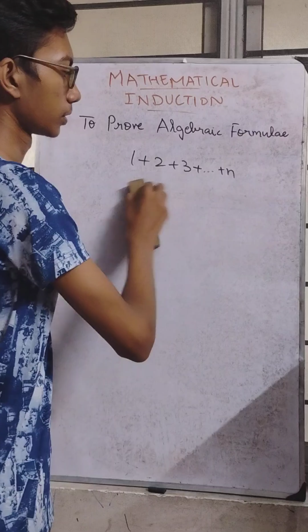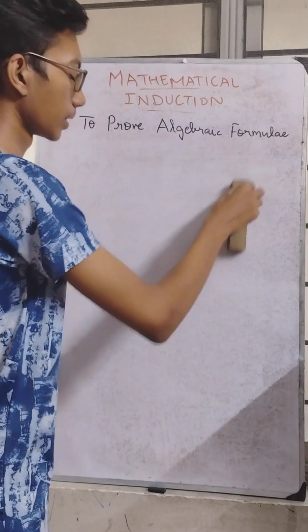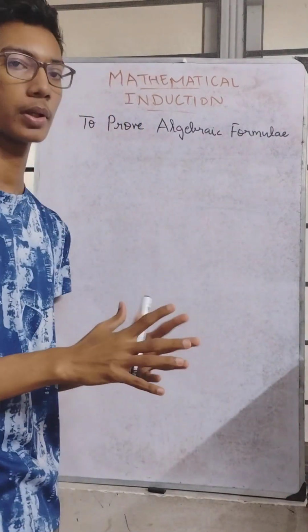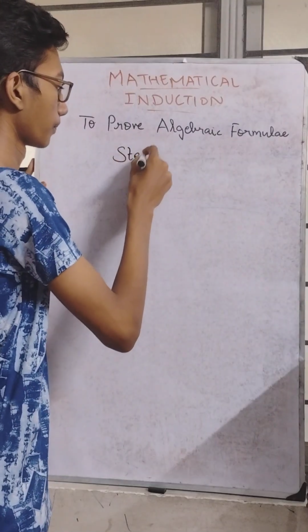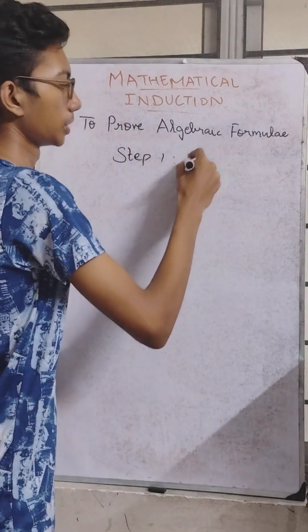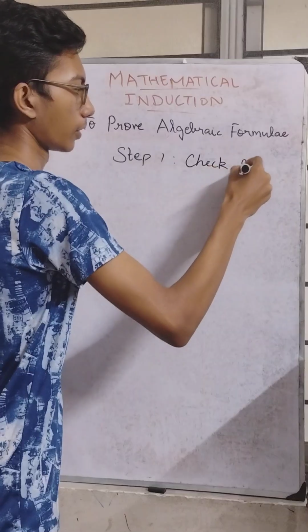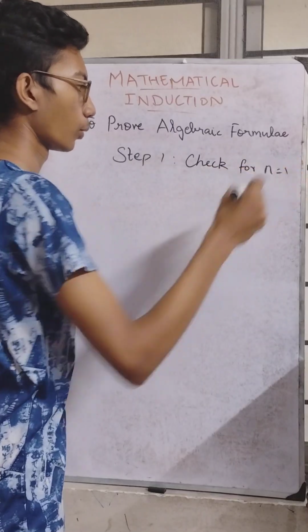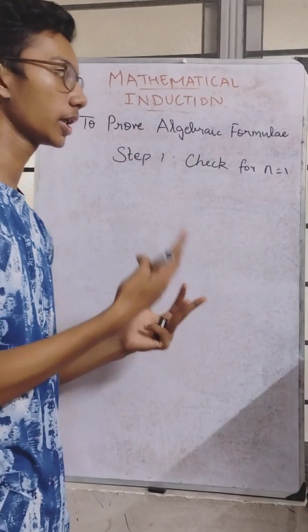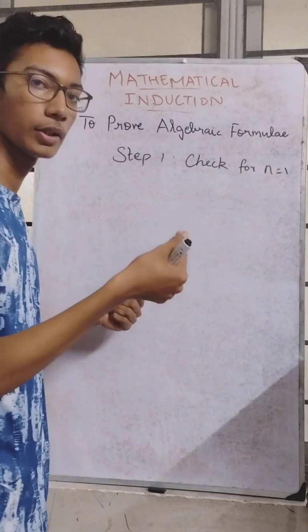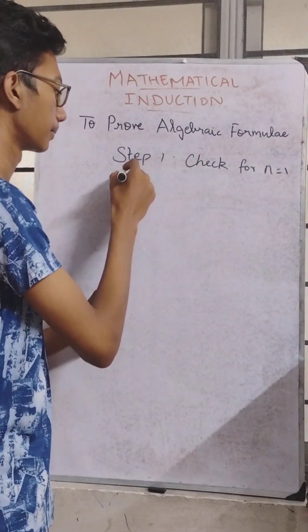So first, there are 3 steps to solve the mathematical induction. Any mathematical induction problem we will solve in 3 steps. So the first step is check for n equal to 1. So whatever expression or whatever equation we get, we have to put 1 for the value and we need to check the equality.